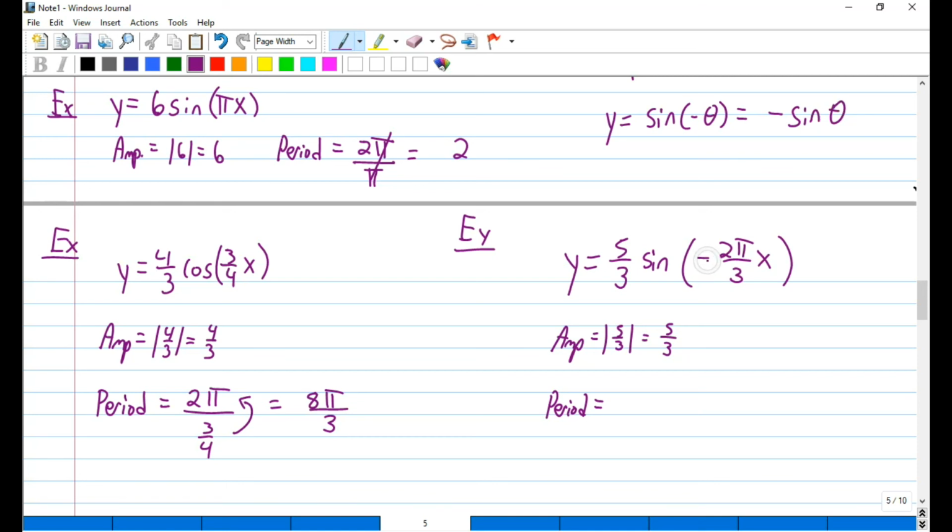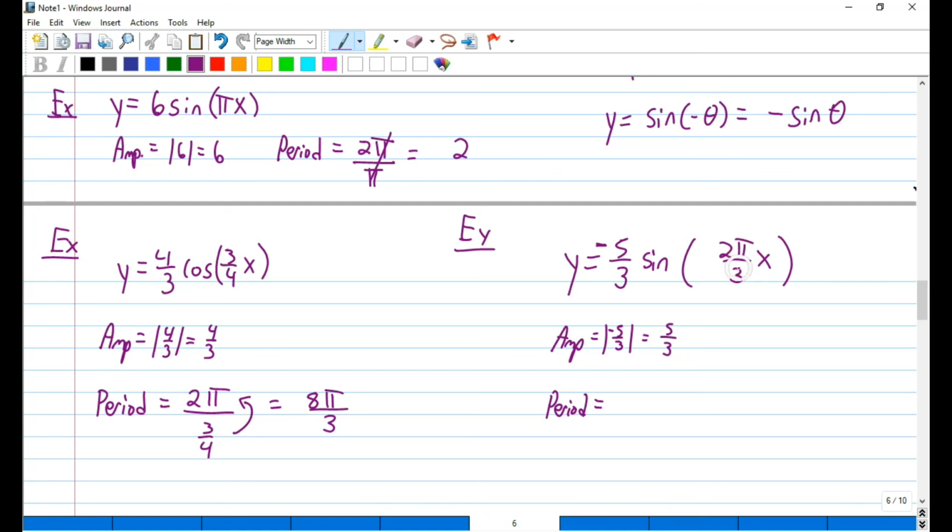So if you have a negative right here, you need to take that negative and move it to the front, right there. So the amplitude is going to be the absolute value of negative 5/3, which is still 5/3. I have to move that negative though, because remember, a period is a distance. It's a length. And if I try to calculate my period and plug in that negative value, then I can't have a negative length. You can't measure out a negative length.